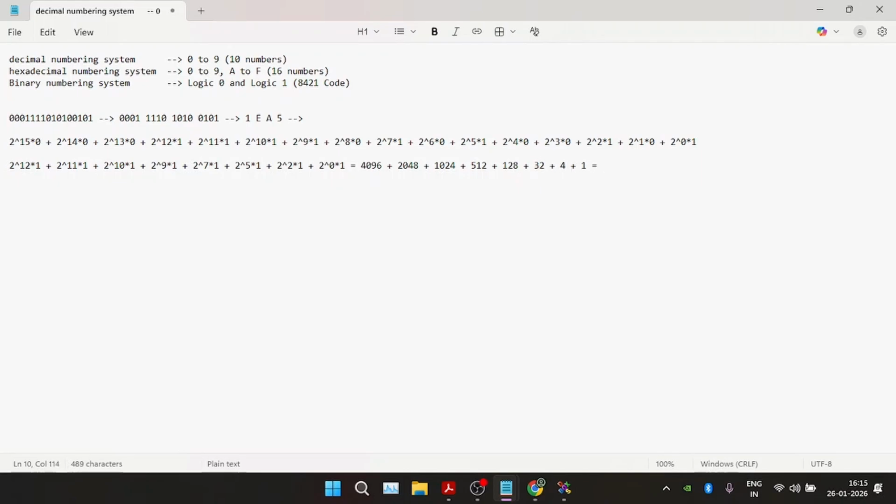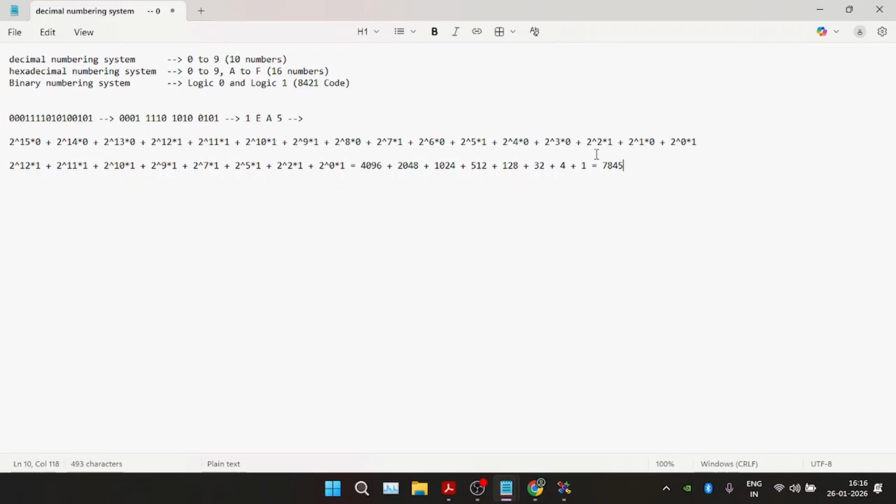So I have to add all this. Let me add it quickly. 4096 plus 2048 plus 1024 plus 512 plus 128 plus 32 plus 4 plus 1 equals 7845.